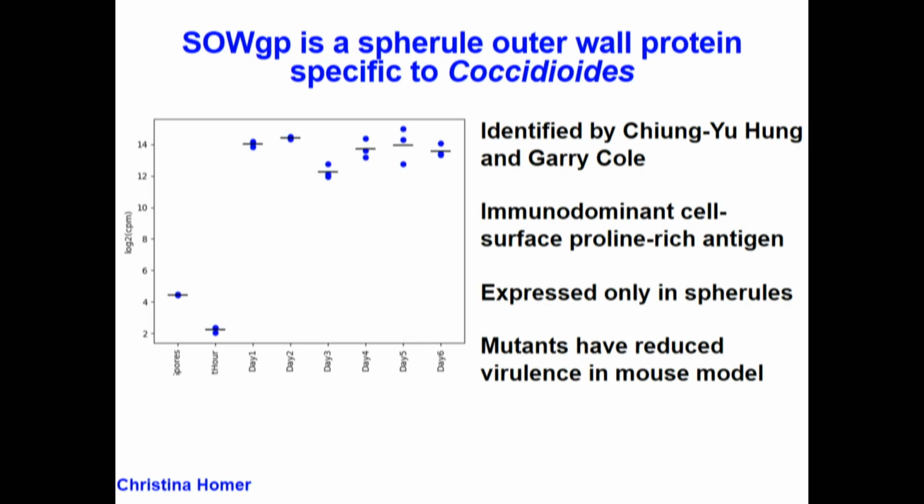So Christina, in her transcriptional work, could recapitulate the work of others and see that the SOWgp transcript, the transcript that encodes that protein, is highly induced as cells make spherules. And interestingly, the expression of SOWgp is dependent on that transcription factor, RYP1.